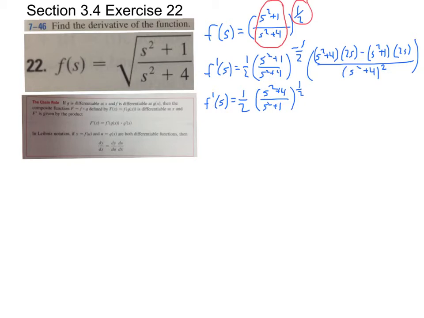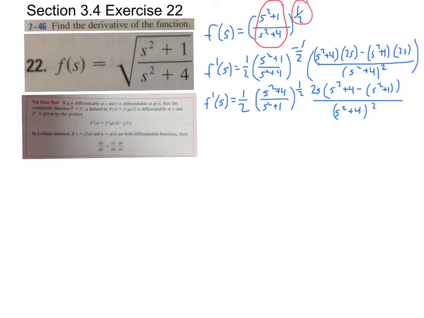And then we notice in the third term, both of the things on the top are being multiplied by 2s, so I'm going to have 2s times, and then what's left, s squared plus 4 minus the quantity s squared plus 1, and all of that is over s squared plus 4 squared.